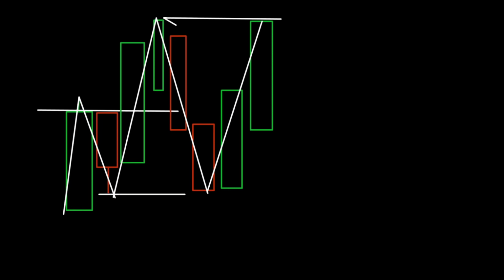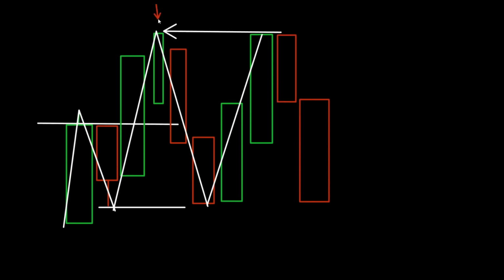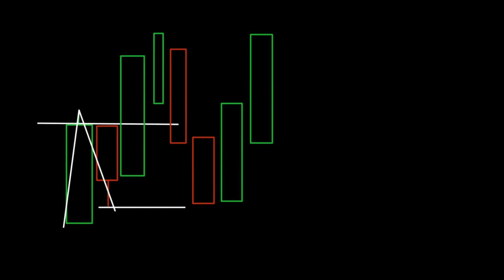And if the next candle that we get is red, and then we start to do something like this, this is creating a double top. Here's our first top, here's a second top, and the expectation is to go lower. Same thing with the double bottom. It helps a lot if you draw it out.